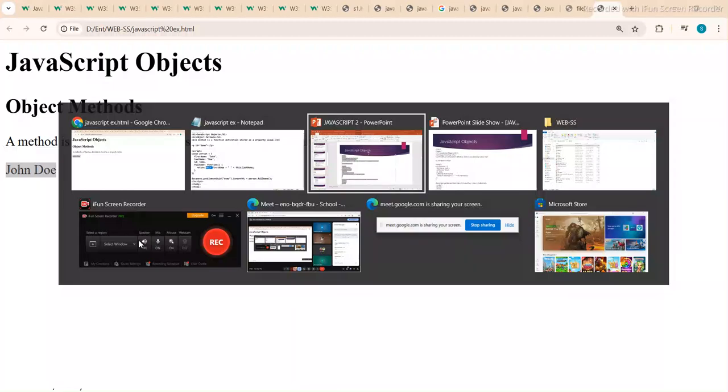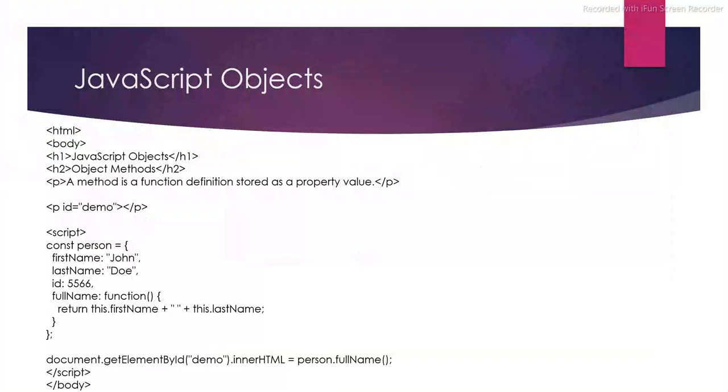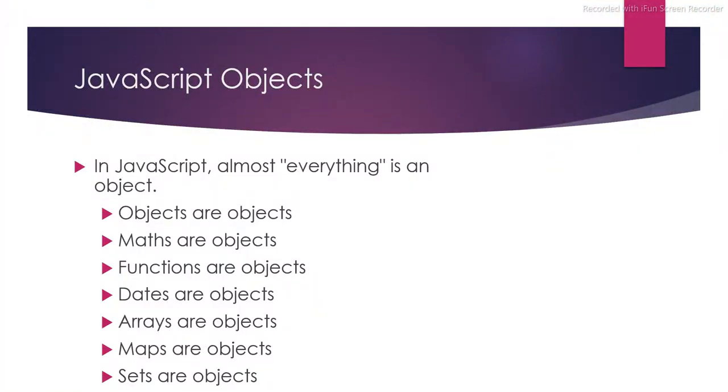Then we are moving on to the fact that in JavaScript everything is an object. What we have seen now is an actual object, a real world object. Other than this you will have the math object, array object, string object, date object, maps, sets, functions, and everything will be considered as an object.